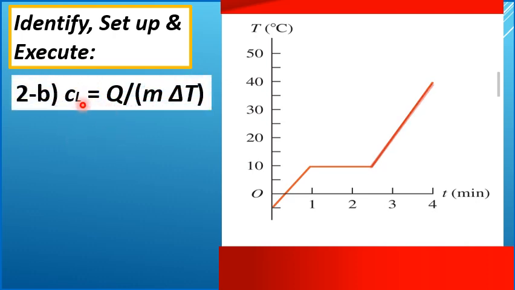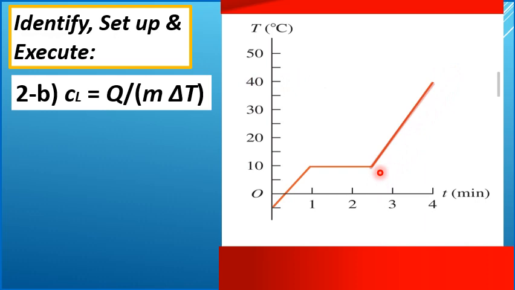C sub L is equal to the amount of heat that it absorbs, big Q, divided by the product of its mass and the change in temperature, delta T. This is the process of increasing the temperature from its melting point or freezing point, which is 10 degrees Celsius, until it rises to 40 degrees Celsius.